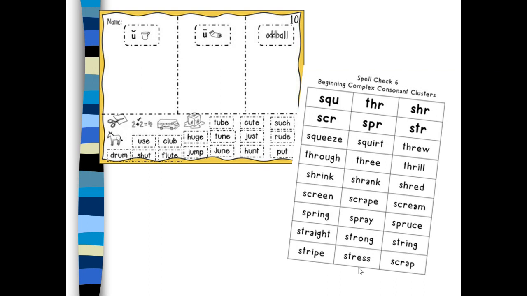And then you might consider put, P-U-T. It doesn't make the short U sound. It doesn't make the U sound. So I would consider that one an oddball, which even in our orthography is a deeper orthography than some. So I would place the word put in the oddball column, the third column.